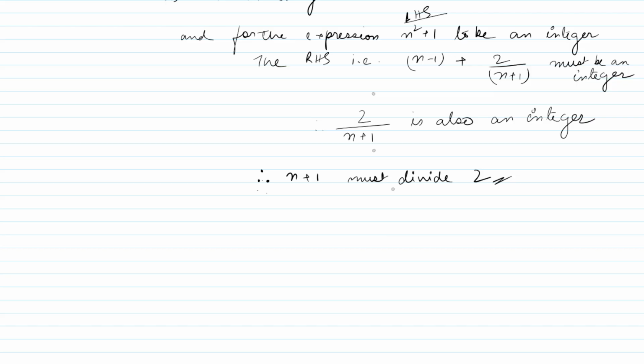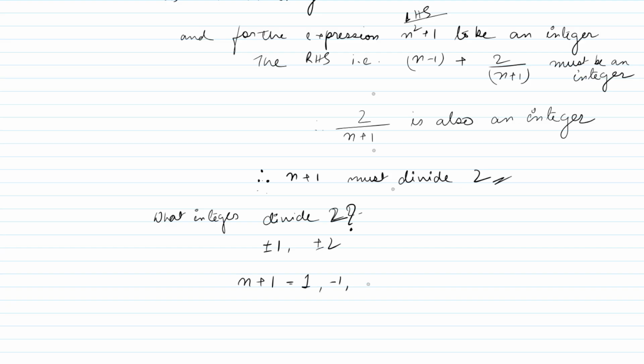So what are the integers that divide 2? It's either plus or minus 1 or plus or minus 2, one of the four, right?